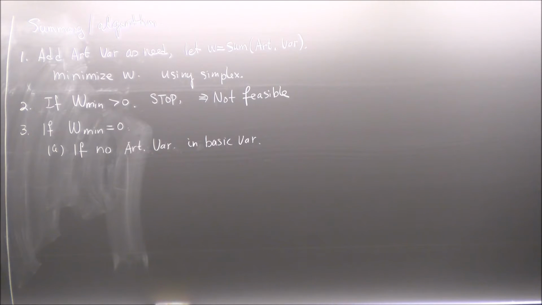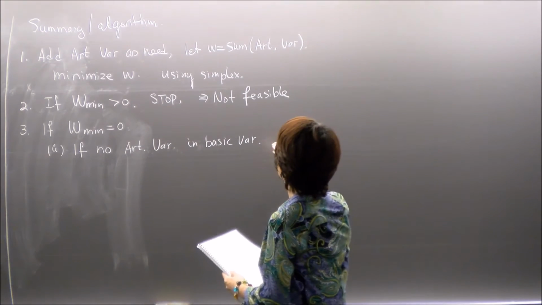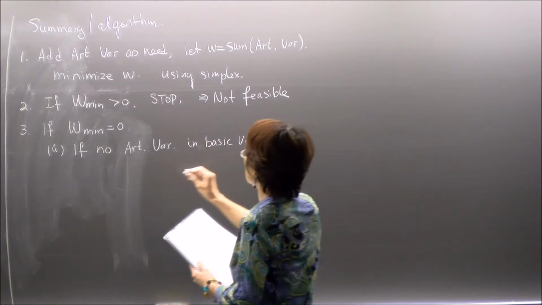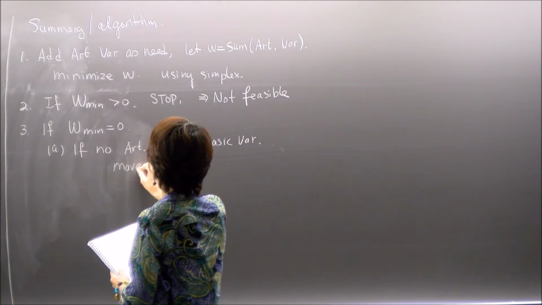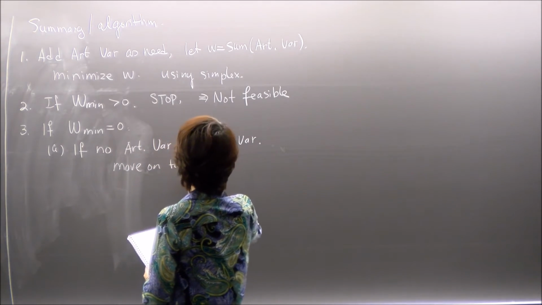If you manage to remove all the artificial variables out of the basic variable set, then you know your original problem now is in canonical form, and you're done with stage 1. You can move on to stage 2. Is that clear? So then you move on to stage 2.